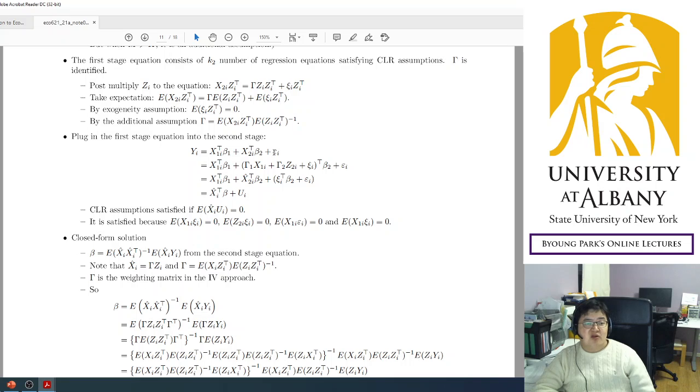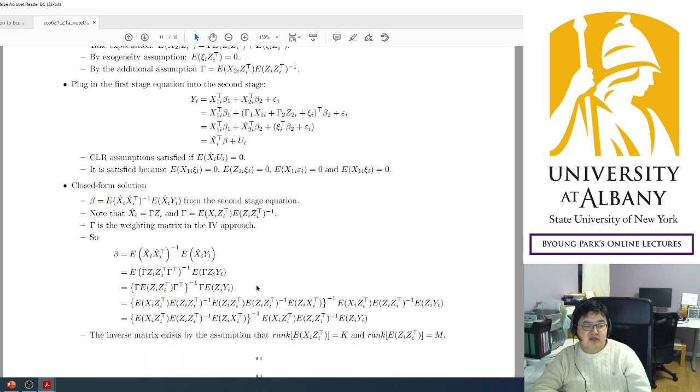So we are using regression twice, in the first stage and the second stage. Gamma can be written in this way. Plug this expression for gamma into x hat. Then it will be very cumbersome, tedious algebra, and in the end still complicated, but there is a pattern.